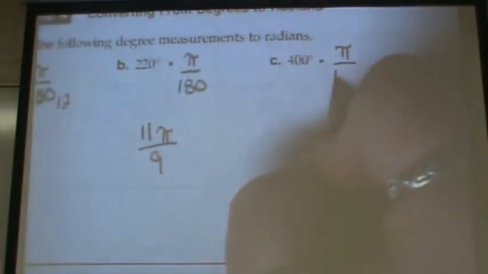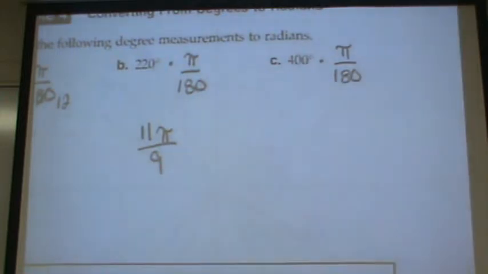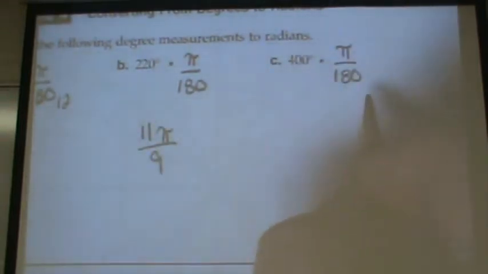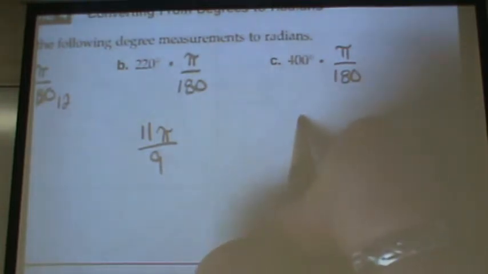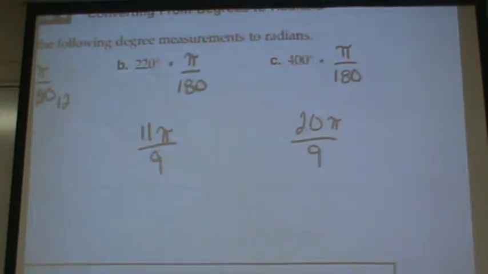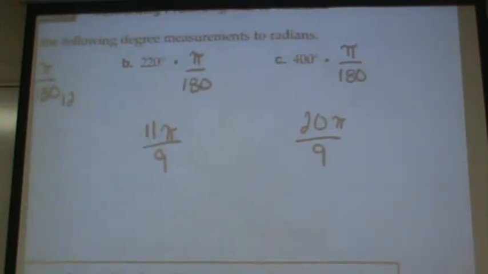And C, again, multiply by pi over 180. And once you reduce, you should get 20 pi over 9. So those are the conversions between degrees and radians.